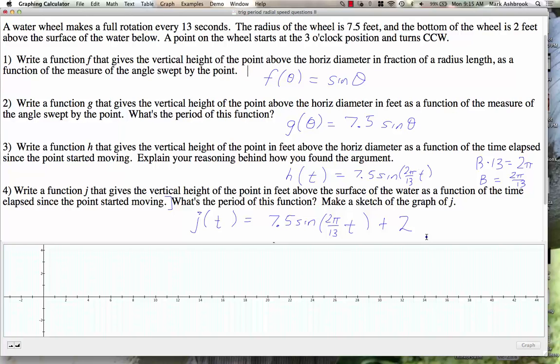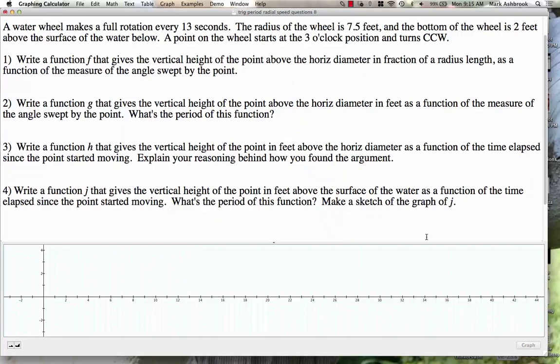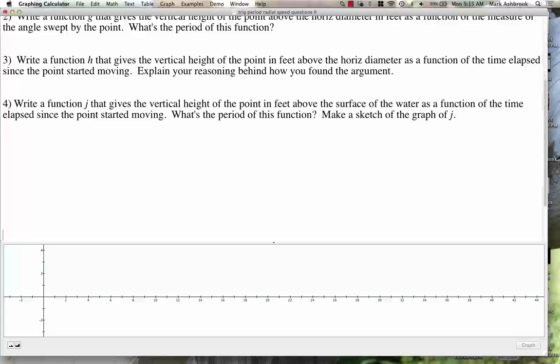Because it's saying we got something that's 2 feet above the surface of the water. So don't we just take all those heights and add 2? So let's draw a picture here.